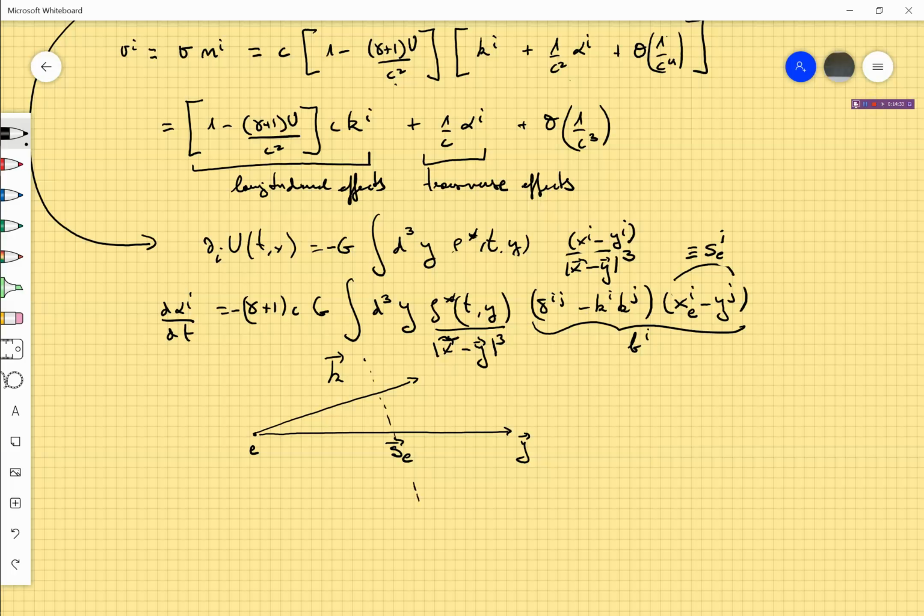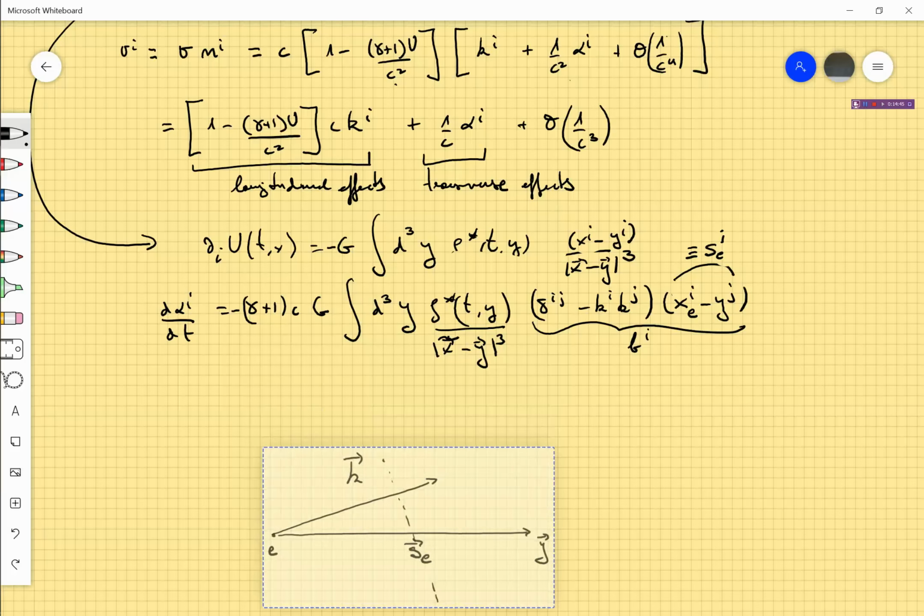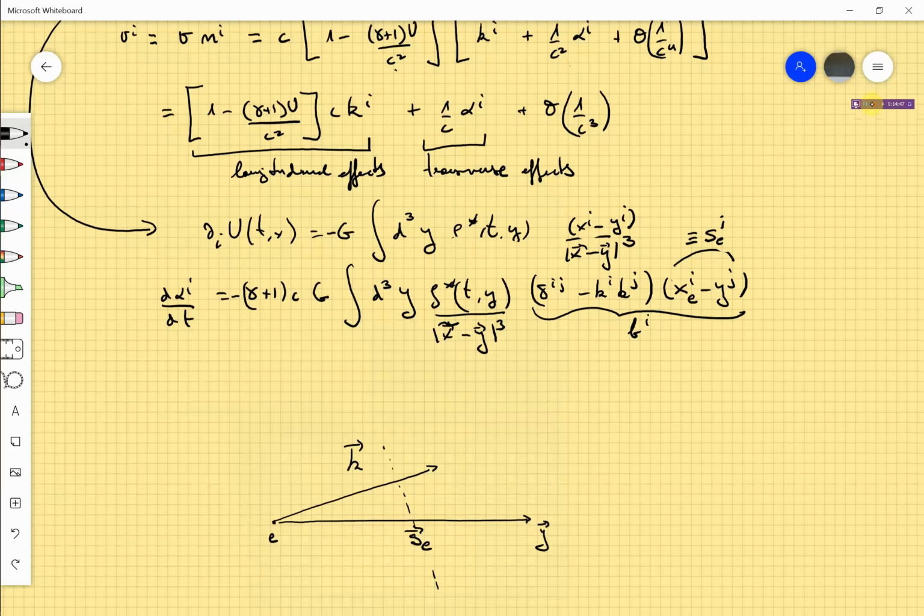Let me see how this is connected. This is the perpendicular. Maybe I should move all this to another place. So this is the direction of the light ray, and the perpendicular comes through this, and you see that this would be the projection.